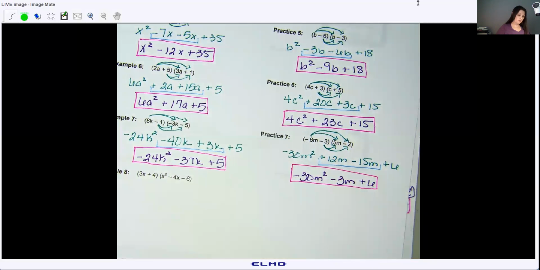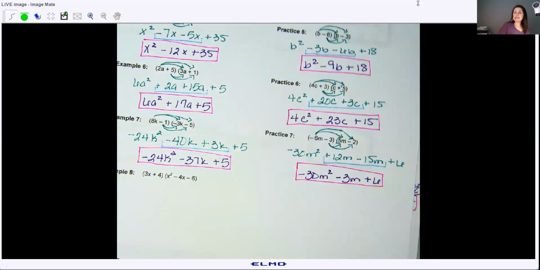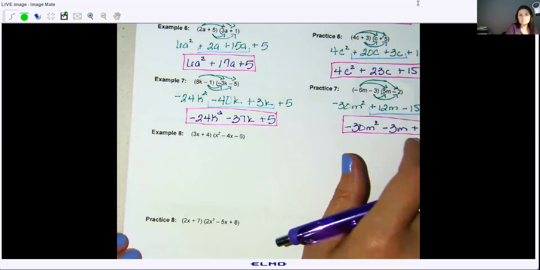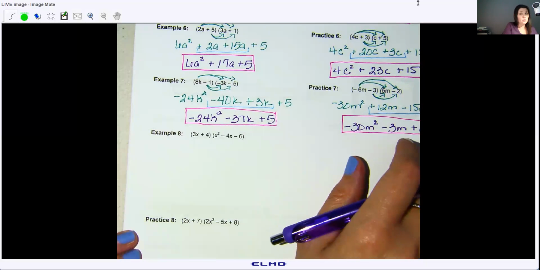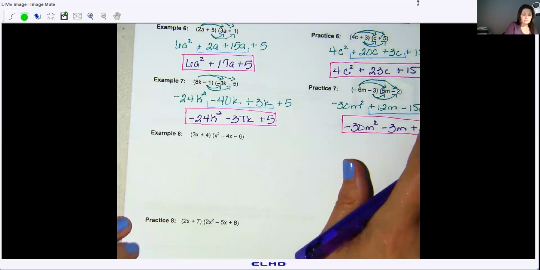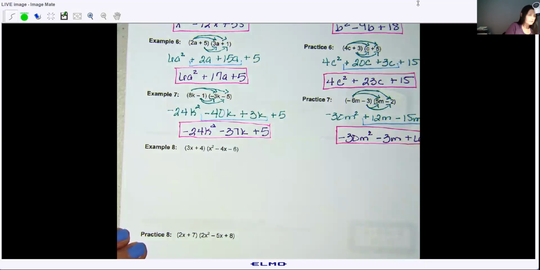There we go. Okay. Now, these next two are being multiplied by trinomials, so a binomial by a trinomial, and it truly is the distributive property that we're going to be using.